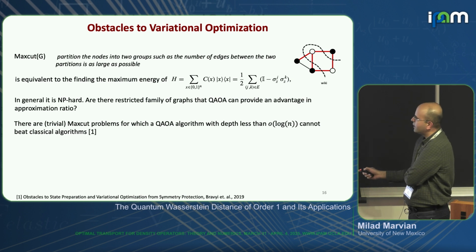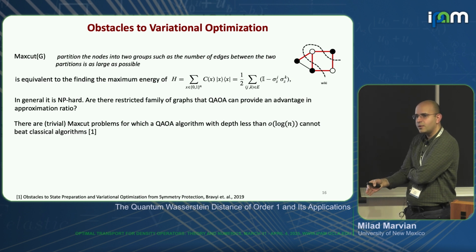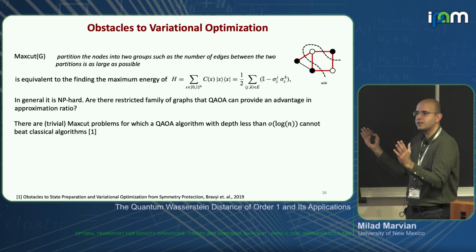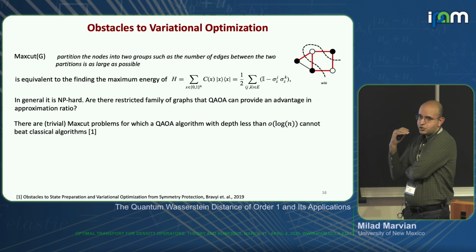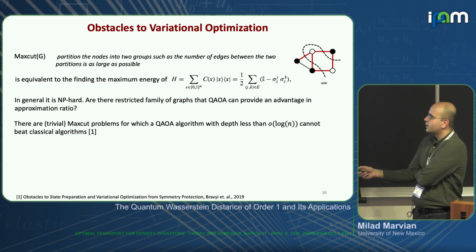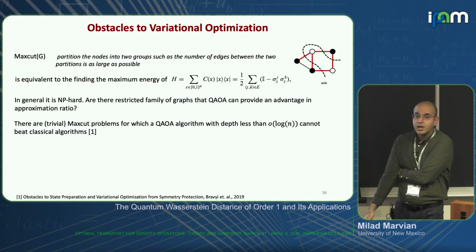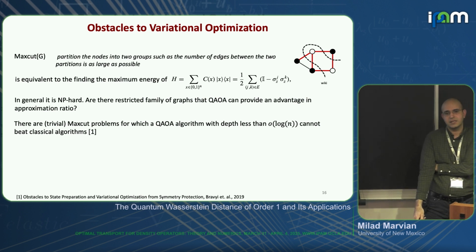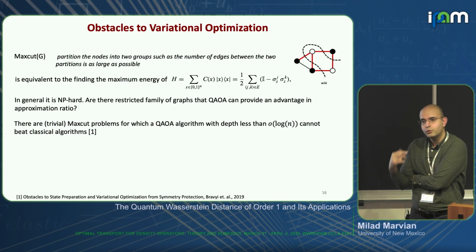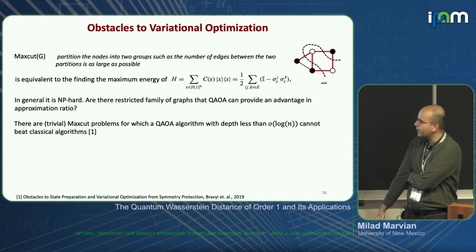Deep enough is exactly log n, n being the number of qubits. If the depth of the circuit is smaller than log n, you can prove that even for these trivial problems, the QAOA algorithm will not beat existing classical algorithms. So it's a provable no-go result, okay?